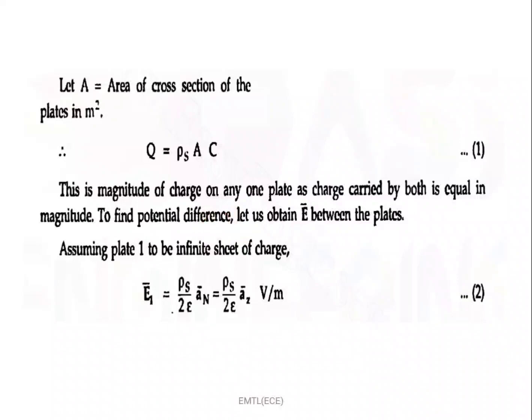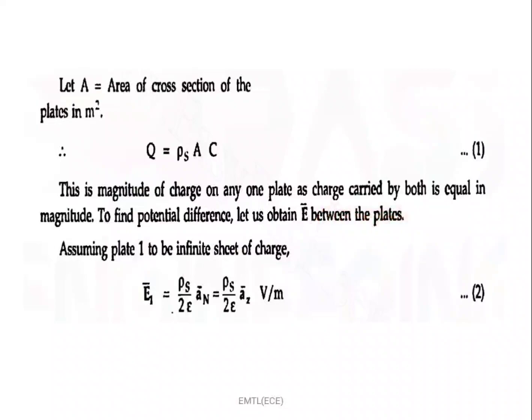Next we have to find the potential difference between these two plates. For the calculation of the potential difference, let us obtain the electric field intensity between these two plates. Here, let us assume these plates as infinite sheets.